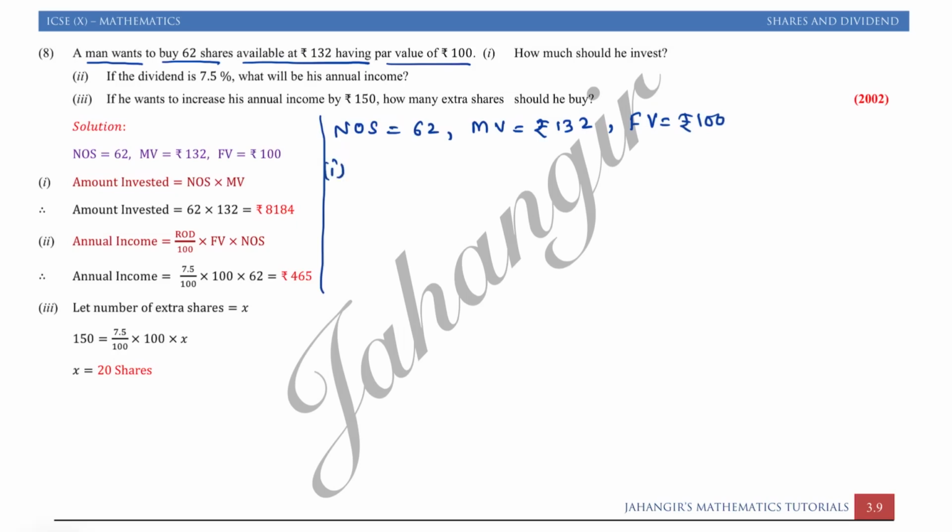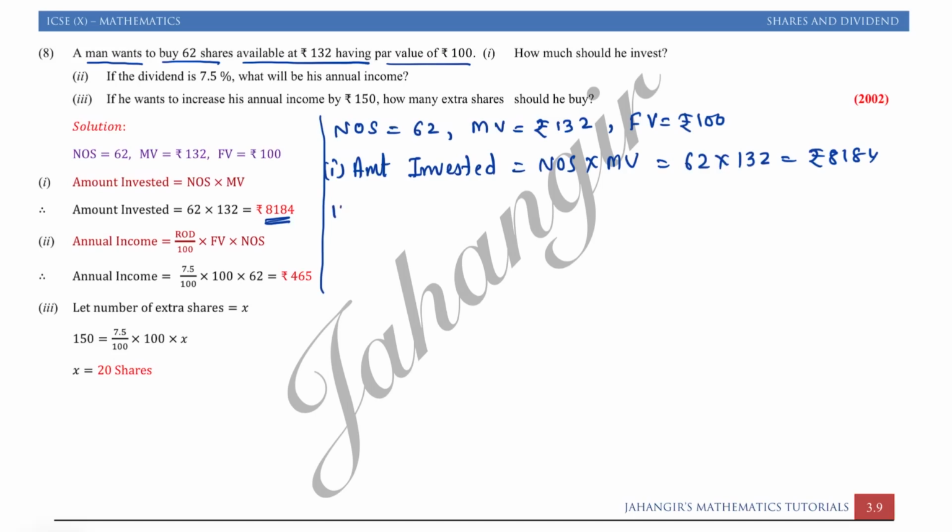The first part, you can write amount invested, that is equal to number of shares into market value. So number of shares is 62 into market value 132. Calculating, you will get 8184. You can calculate and check.